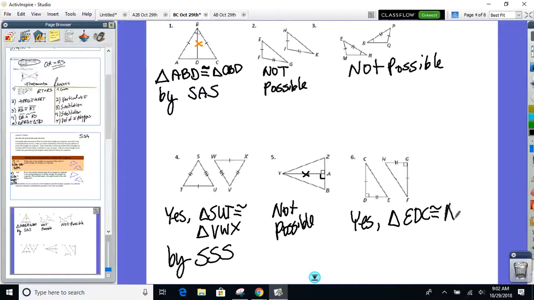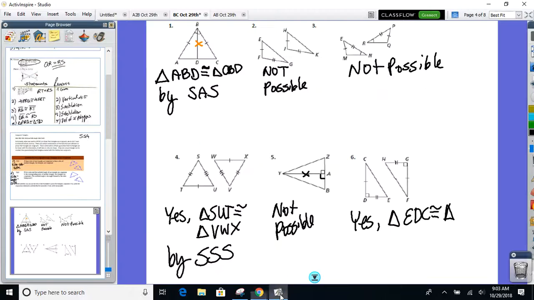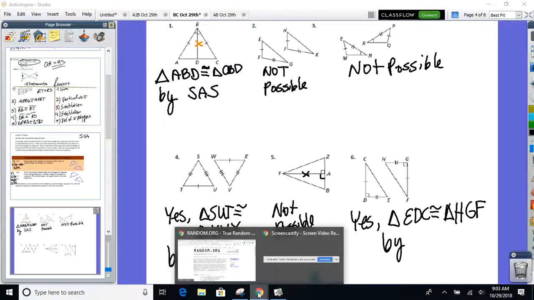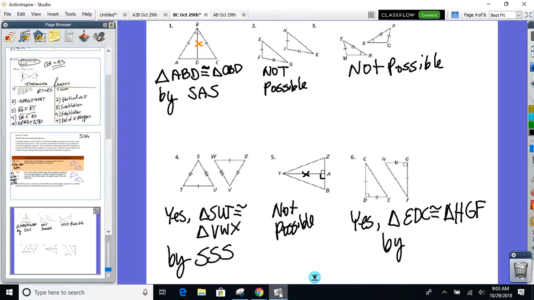Congruent to, let's see, if we go EDC, what's the proper way of naming the next triangle? HGF looks good to me. By what method? Side angle side, yep. Boom.